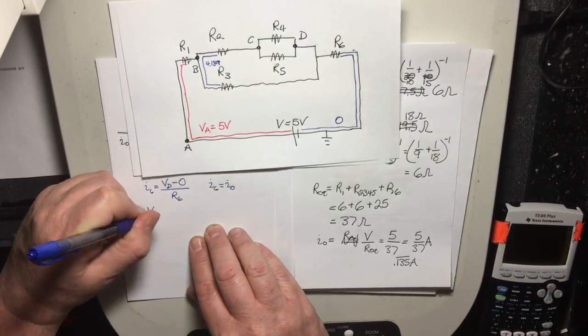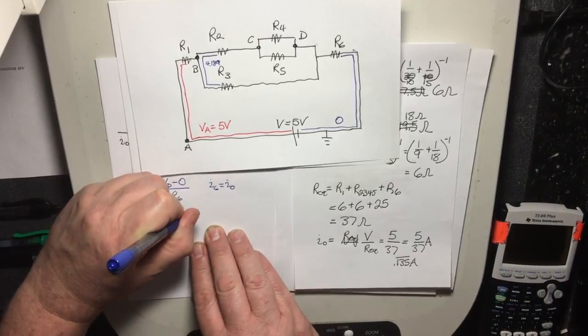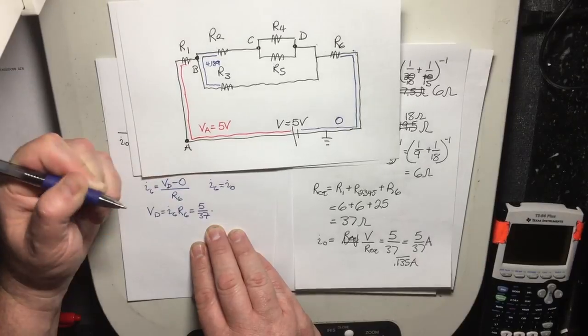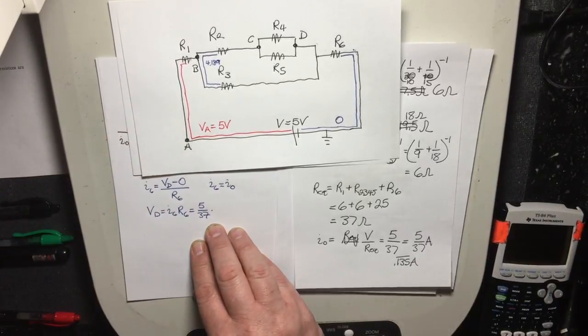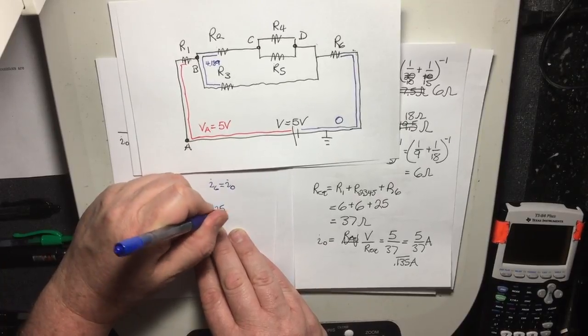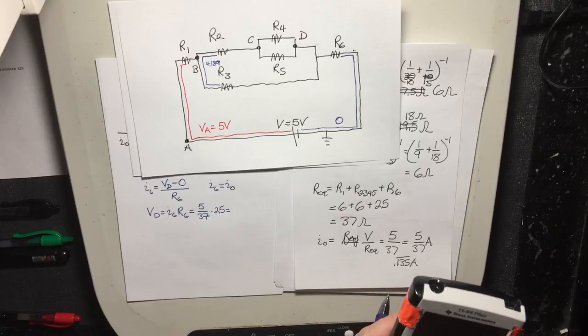So V sub D is I6 R6, which is 5/37 times R6, which is 25. And I think it would probably just be 125/37.